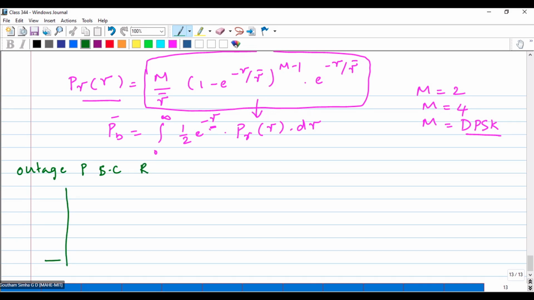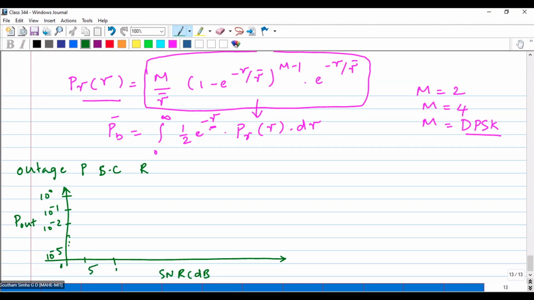Now, what is the outage probability? This is P_out or P naught in terms of 10 to the power of 0, 10 to the power of minus 1, 10 to the power of minus 2, and so on up to 10 to the power of minus 5. This is 10 log 10 gamma by gamma naught, or SNR in dB. I will write 0, 5, 10, 15, 20, 25, 30, and let's say this is 40.